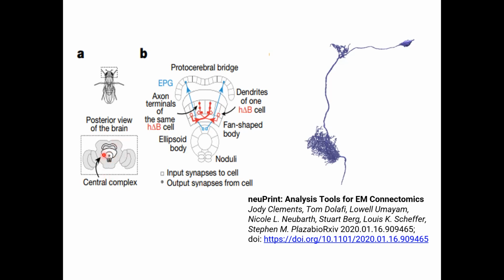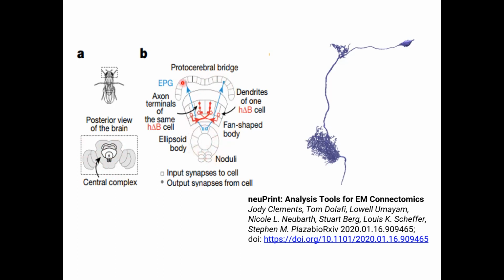Okay, then you have here the fan-shaped body, because it has the shape of a fan here. And here you have the protocerebral bridge, okay? So those are the main parts relevant for this study.